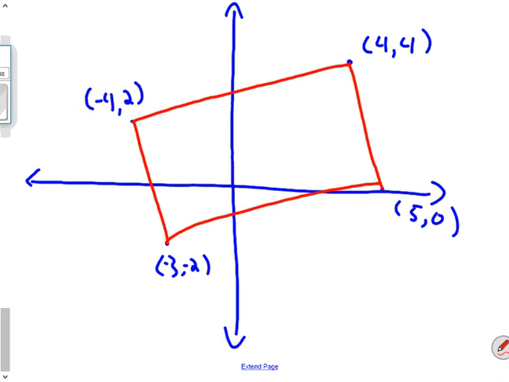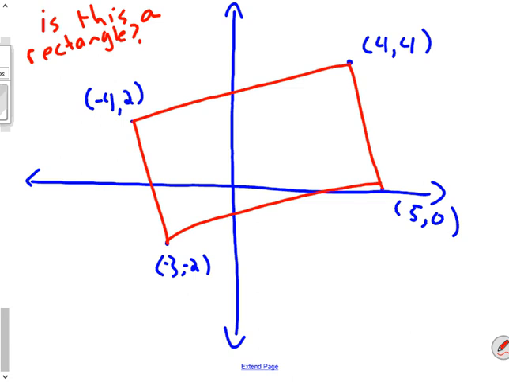So we want to know, is this geometric shape on this Cartesian plane a rectangle?